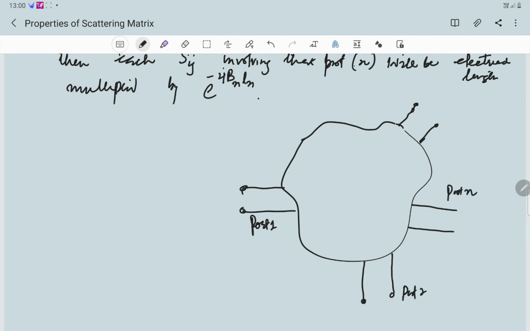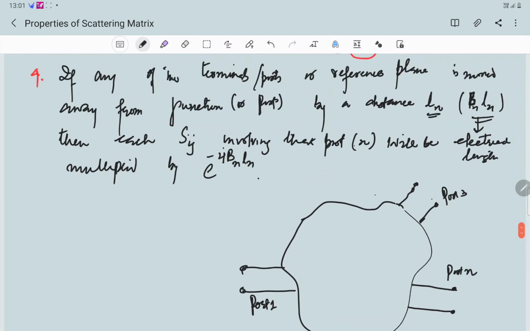Let this be port n, because I have the flexibility of extending this port. So all I'm saying is that this property number 4 is that if we move away from the junction or the port or the reference, then the S parameter gets changed.